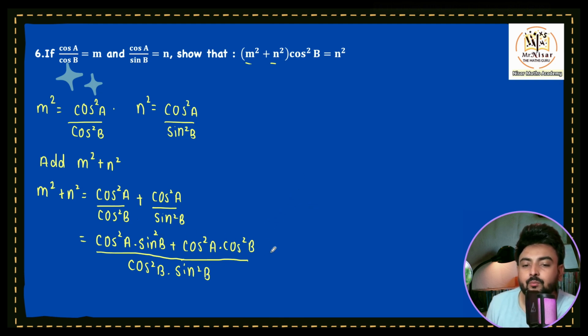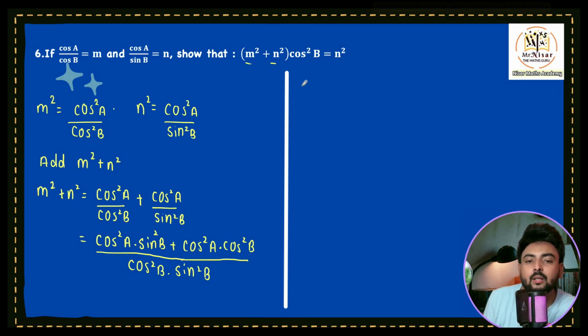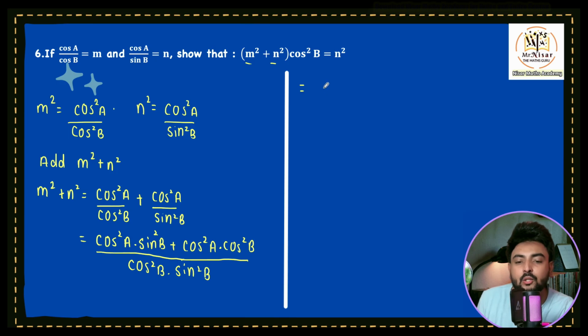Now what should I do here? Children, see, in both the terms I can see cos square a is common, so I'll take cos square a common. In the numerator, cos square a is present in both the terms, so I have taken it common. What is remaining in the first? Sin square b is remaining there. Then plus, here I have taken cos square a common, so what will remain here? Cos square b.